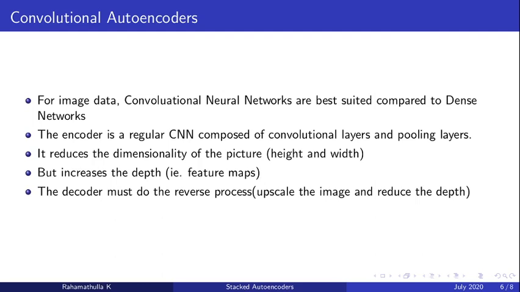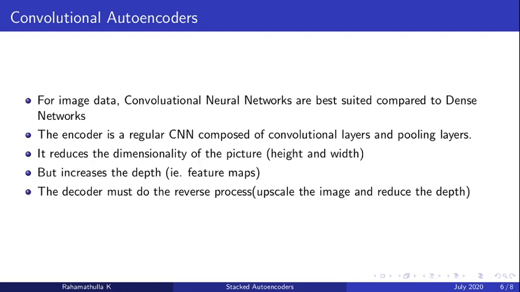So I think you know convolutional neural networks. As we have seen, autoencoder has two parts, an encoding part and a decoding part. So the encoder is a regular convolutional neural network here, with many convolution layers and pooling layers.